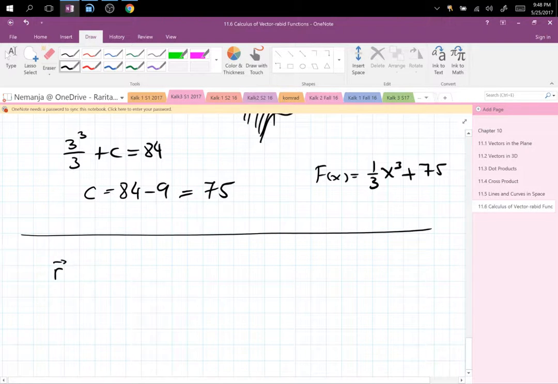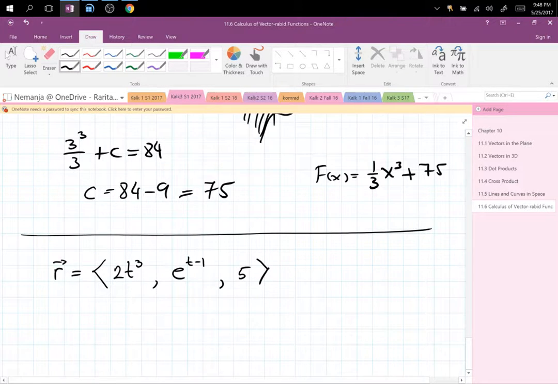So say your vector r is given as 2t cubed, e to the t minus 1, and, what else, 5. I don't care.